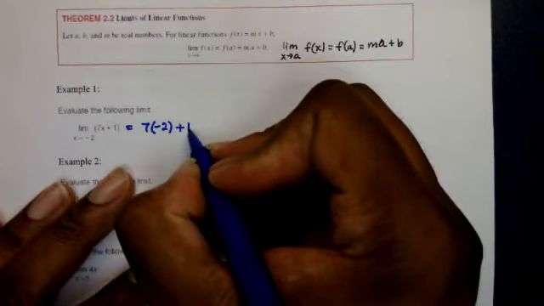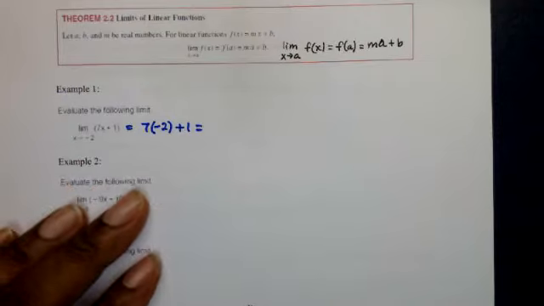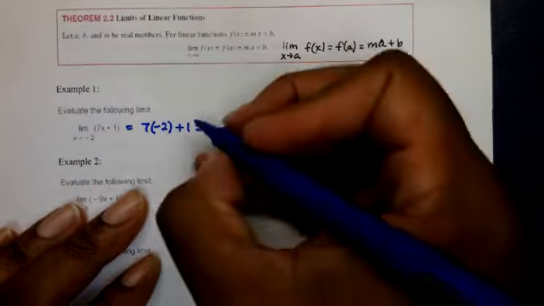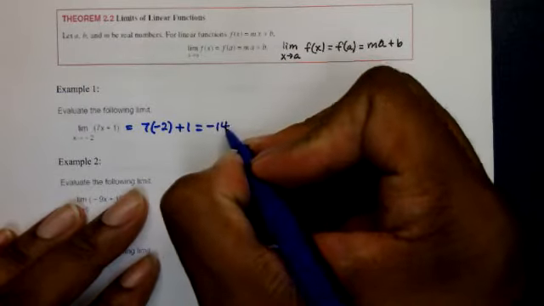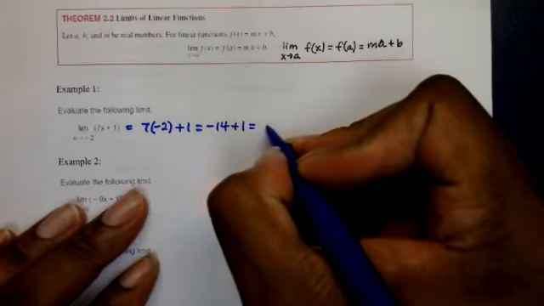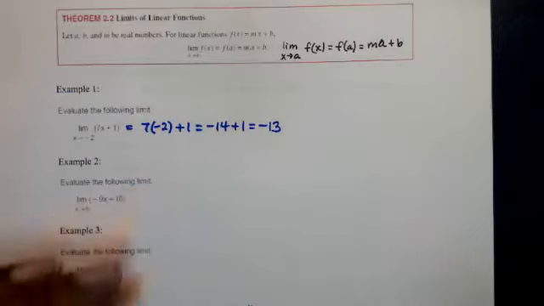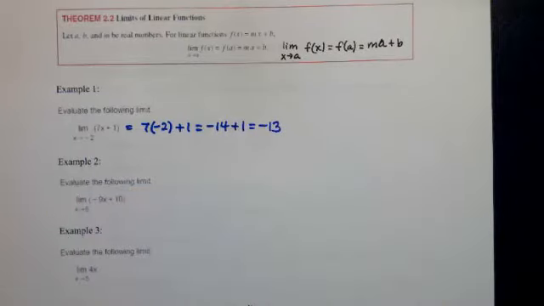So it'll be 7 times -2 plus 1. And then 7 times -2 would be -14. -14 plus 1 is simply going to be -13. So that's pretty much the easiest one there.